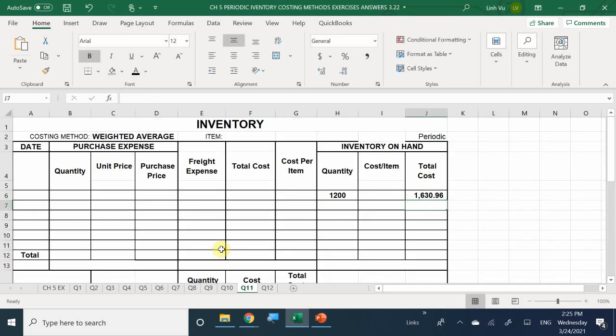You said we could cell reference from one workbook to the other workbook, correct? Yes, but be careful on terminology. In this case, I'm self-referencing in the same workbook. This is one workbook, two different sheets. So yes, you can self-reference between the two different sheets.